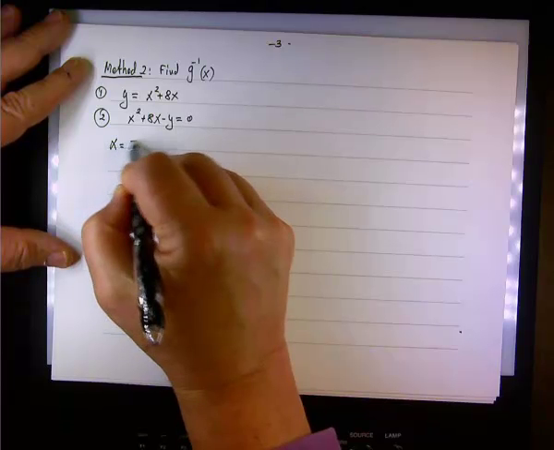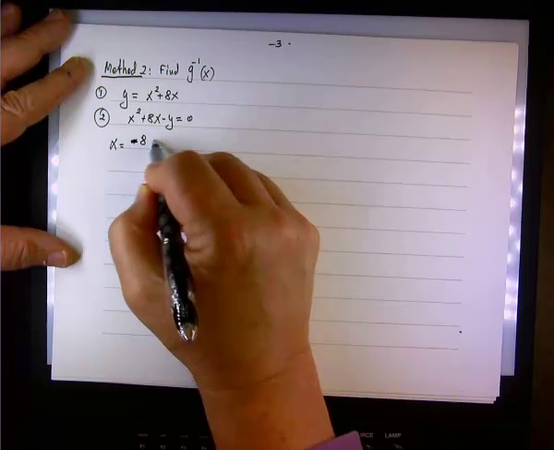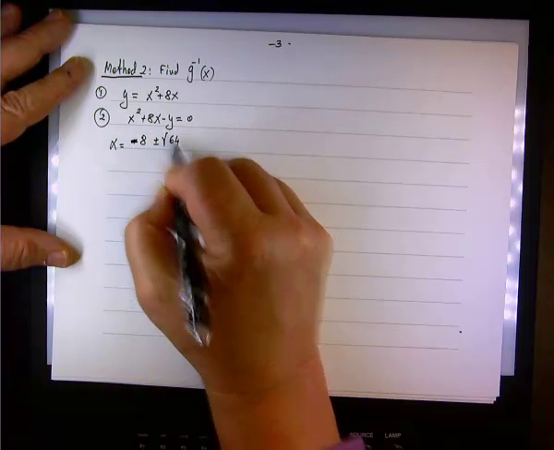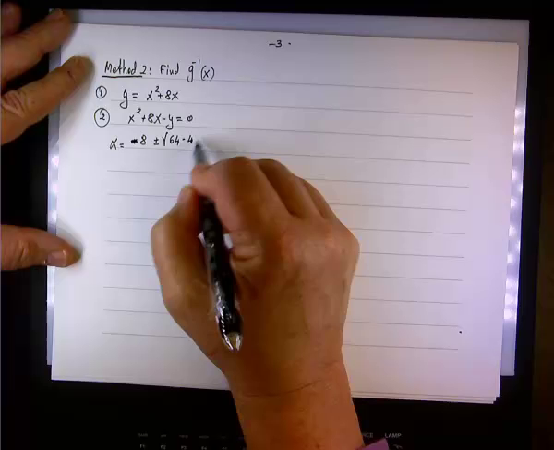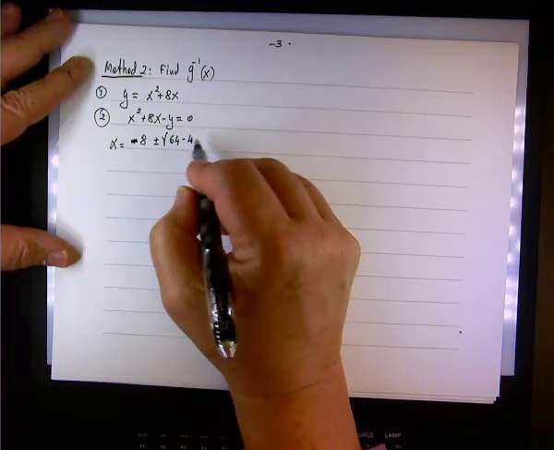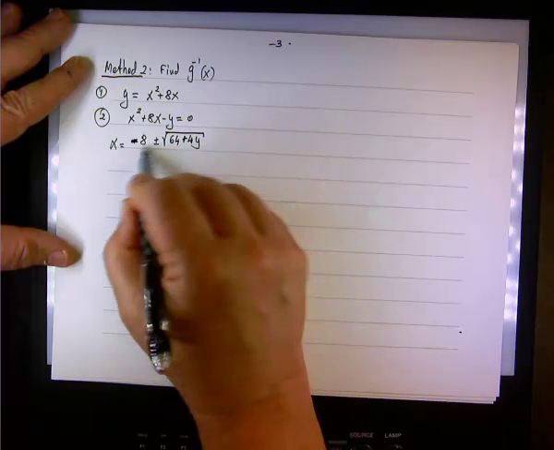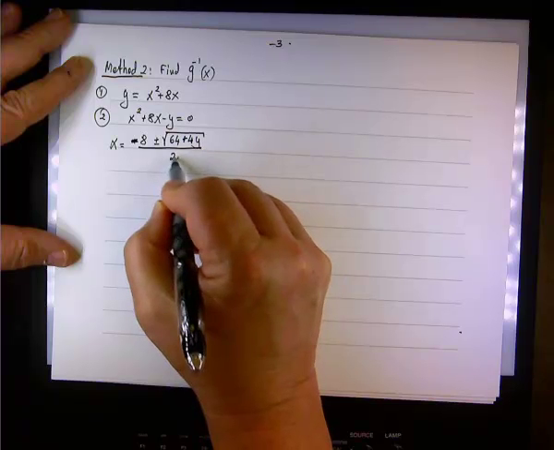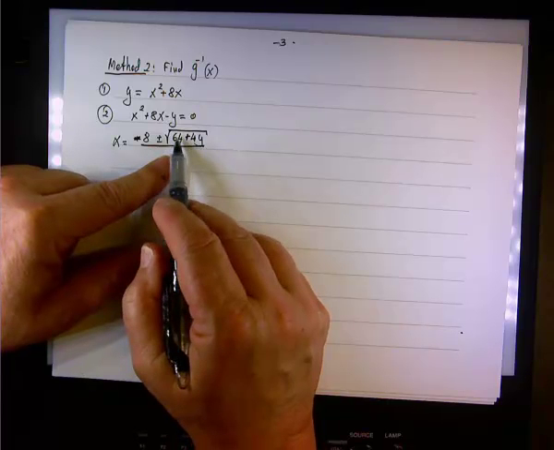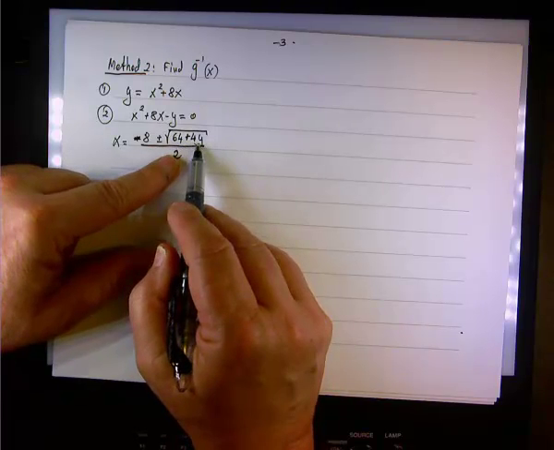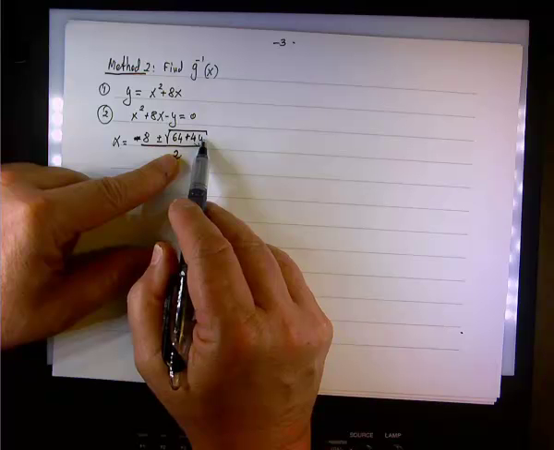So x equals negative b, so negative 8, plus or minus the square root of 8 squared minus 4 times a, which is 1, times c, which is negative y. So we have plus 4y inside the radical. Divide by 2. We see that the expression inside the radical is greater than 8, because you have 64 plus 4y, if y is positive.